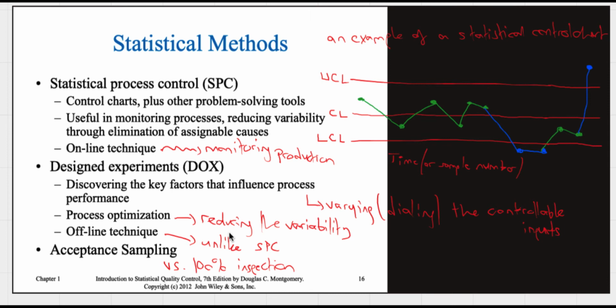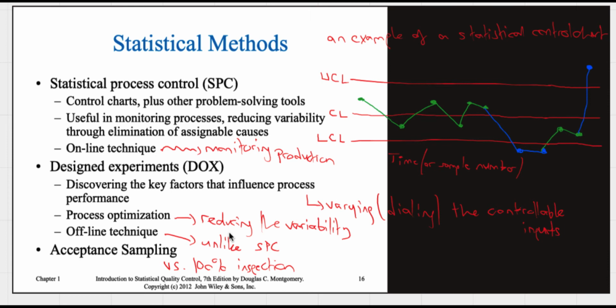Unlike statistical process control using control charts, design of experiments is an offline technique. It means that there is no monitoring here, no online activity. Design of experiments comes into play before the production runs.